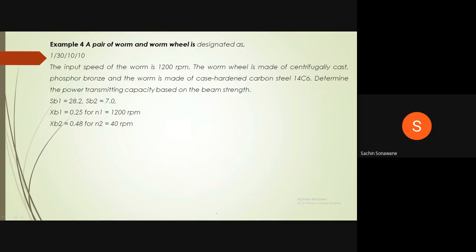Now we will see example 4. Therefore, please write down this example 4.